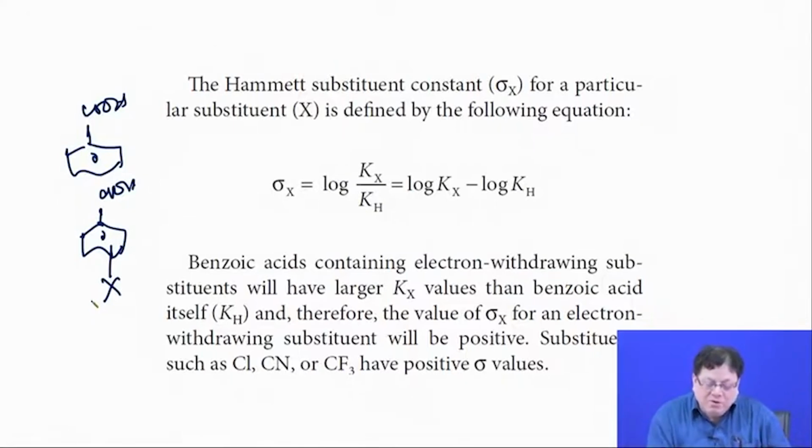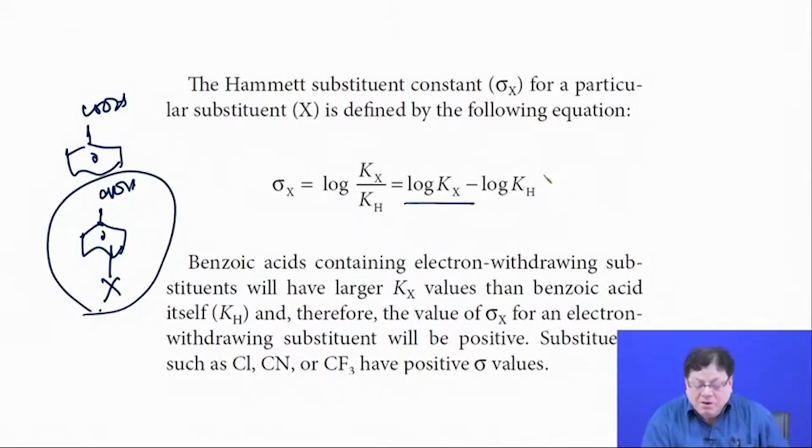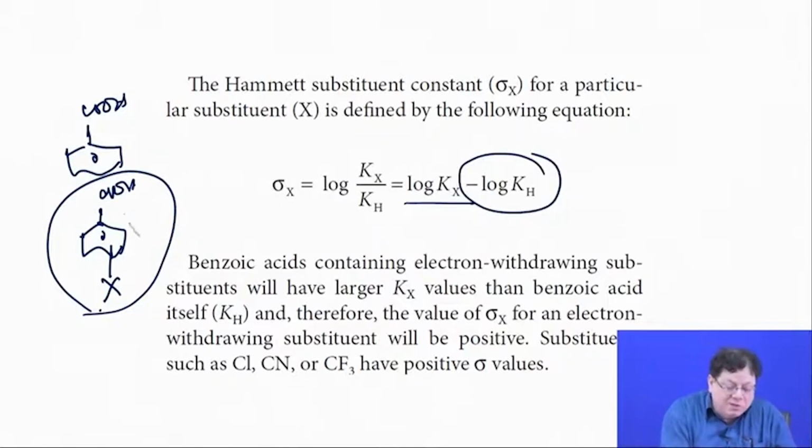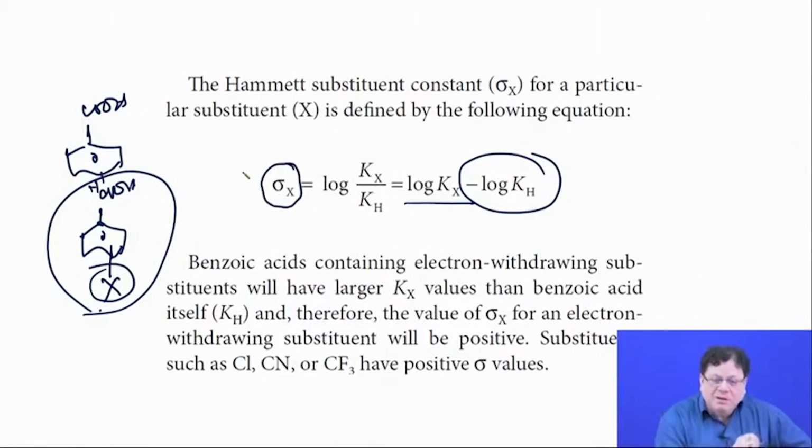That means it is basically log Kx, where Kx means this compound, minus log Kh, that means when there is only hydrogen and when there is a substituent. So, you take the difference of these dissociation constants, and that will give you the electronic parameter sigma.